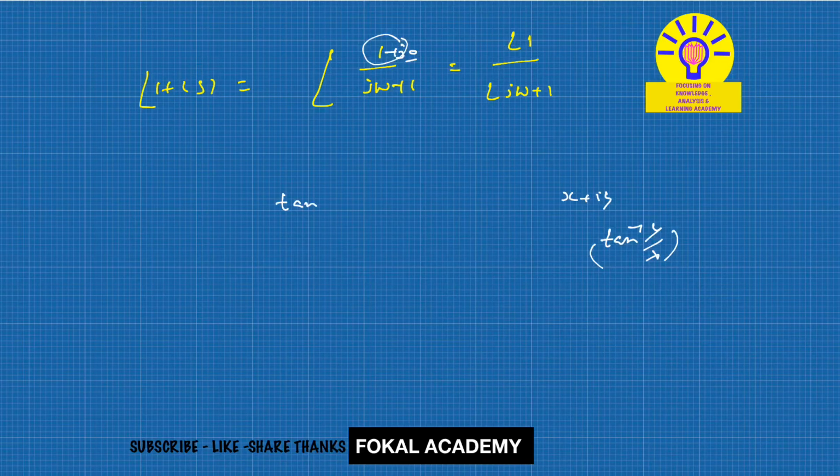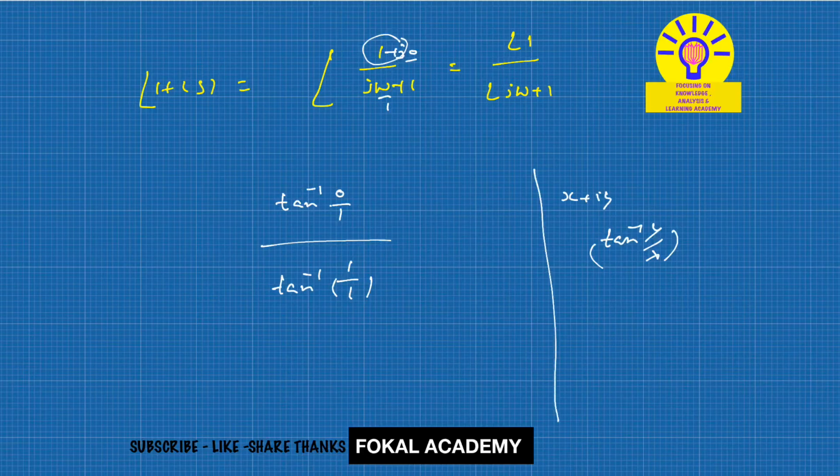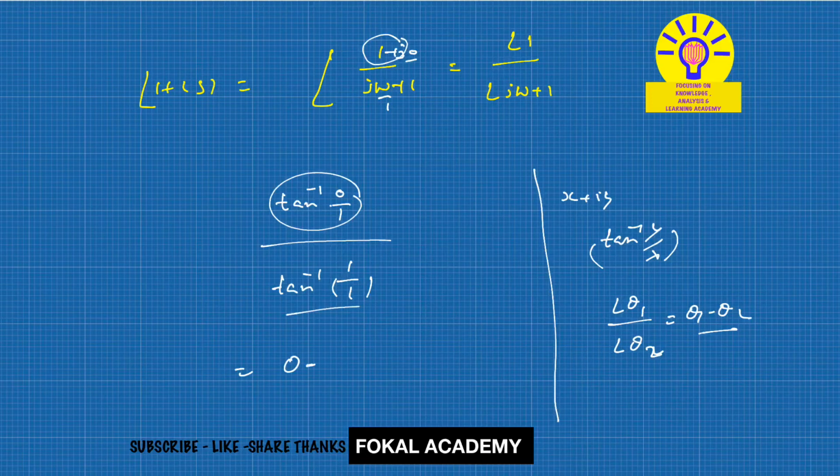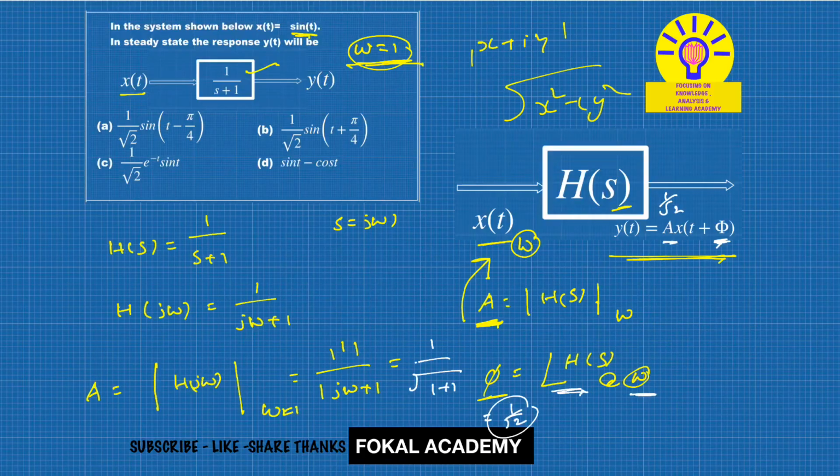So tan inverse of 0 by 1 divided by tan inverse of, here omega is equal to 1, so 1 by 1. From complex numbers we know that for angle theta 1 by angle theta 2, the resultant angle is theta 1 minus theta 2. So that is 0 minus tan inverse of 1, which is pi by 4. So that is equal to minus pi by 4, which is the phase change for the input signal.